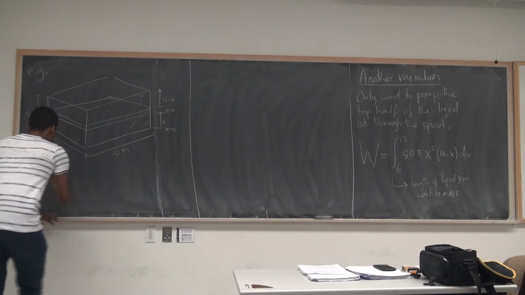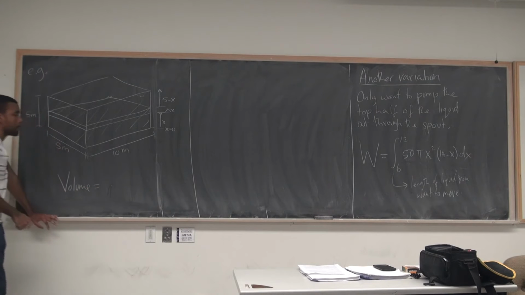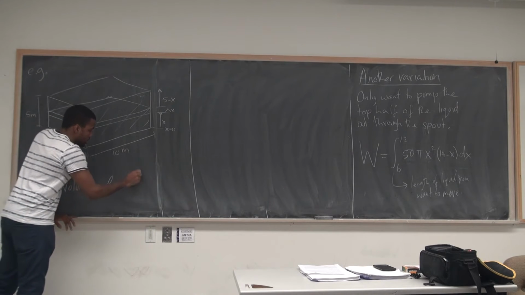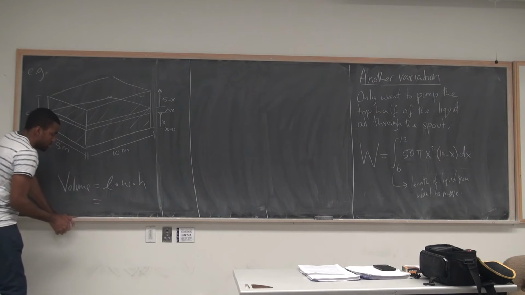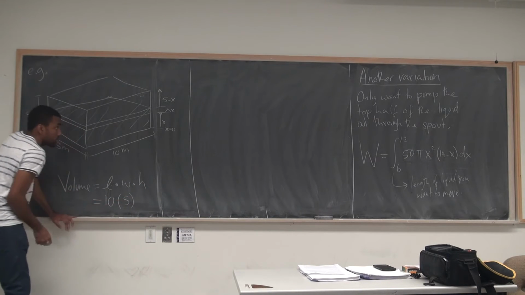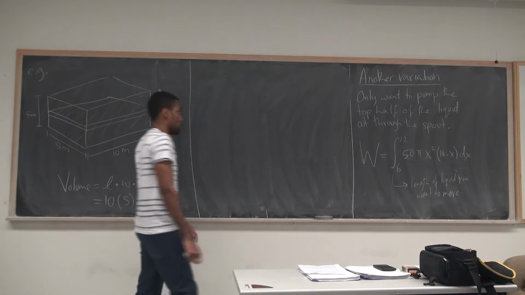So let's talk about the volume. What is the volume of this slice? It's a box, so it's length times width times height. What's the length? 10. What's the width? 5. What's the height? Delta x. Okay, so far so good.